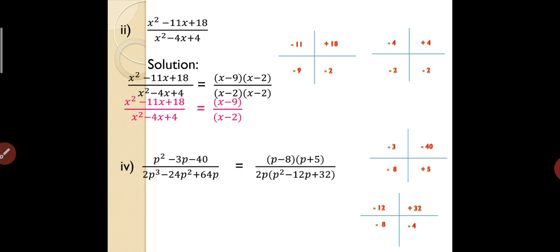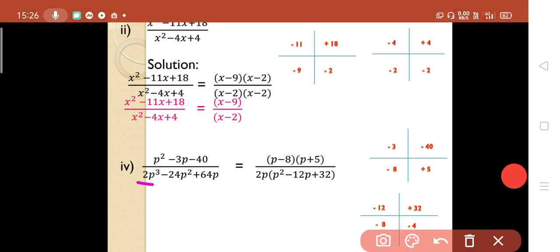Now the fourth question: (p² − 3p − 40) divided by (2p³ − 24p² + 64p). Now the numerator is a quadratic polynomial, children, but in the denominator we can take some common term outside. Observe the coefficients. They are even numbers, so we can take 2 as common. Then p³, p², p: p to the power 1 is the least one, so we can take p also outside.